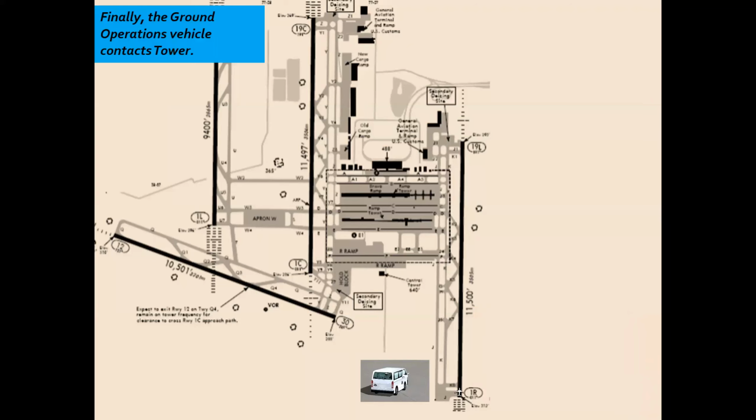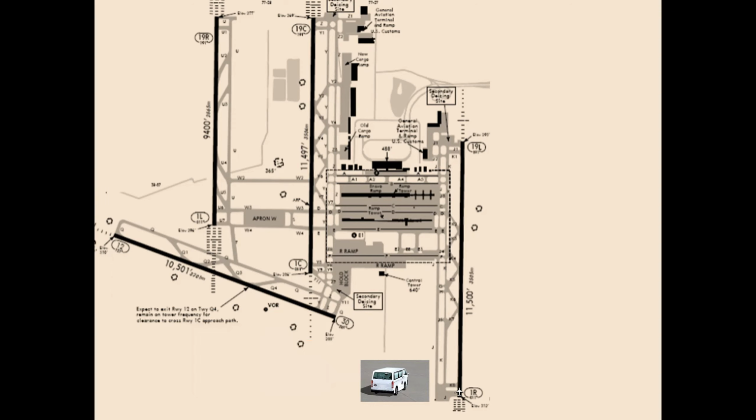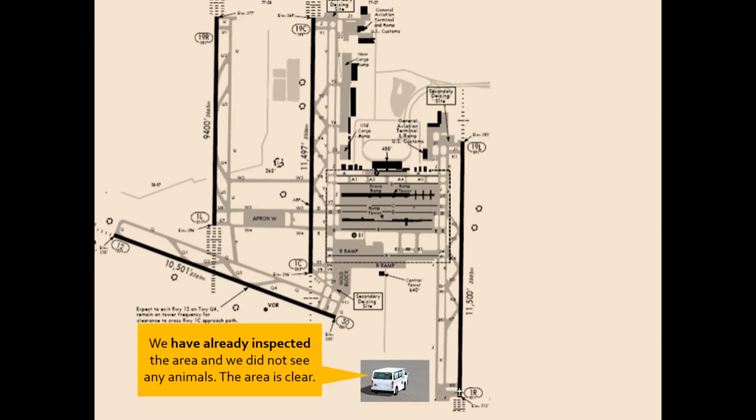Finally, the ground ops vehicle contacts Tower. We have already inspected the area and we did not see any animals. The area is clear. Again, I think they're kind of forcing this phraseology on us. Simply, he would say, we're finished, or we've inspected the area and we did not see any animals.